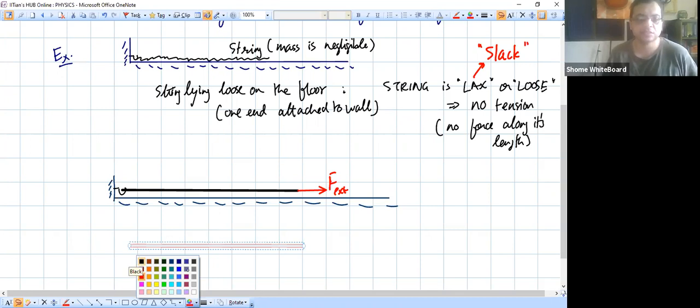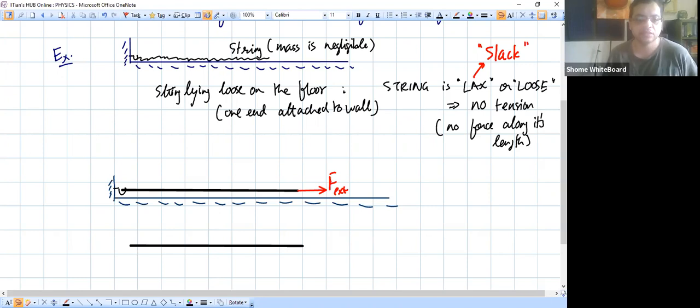And the other is from this end of the string where the hook is attached, there is a reaction force that develops between the hook and the string. And that force will be equal and opposite to this, because it's preventing the string from moving. But these two forces together give it a tendency to stretch out.